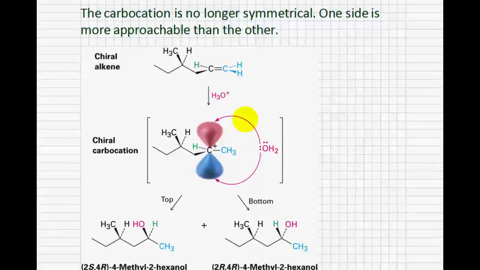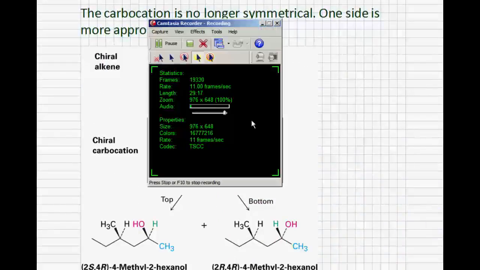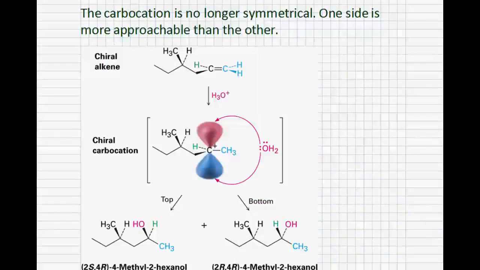The carbocation in this case is no longer symmetrical. I have two faces. Let's see if I can draw this appropriately. That methyl group is going to be coming up above the plane. Like that.